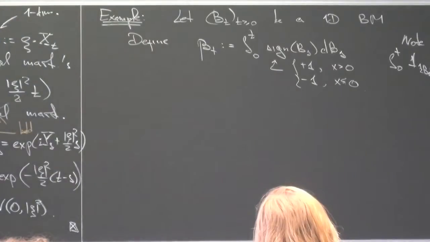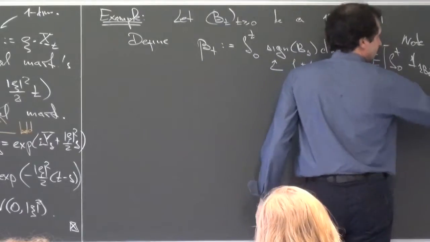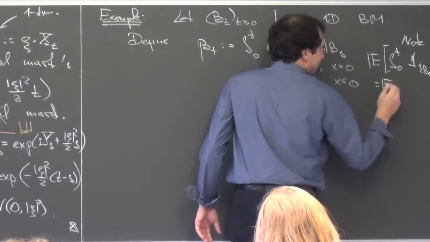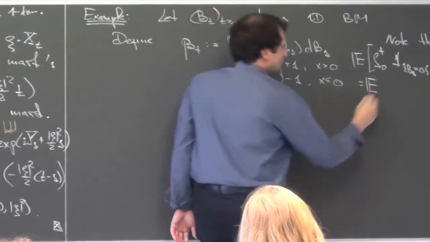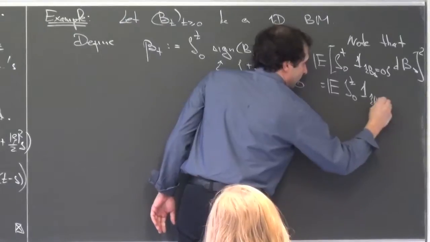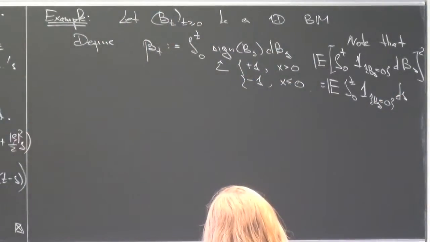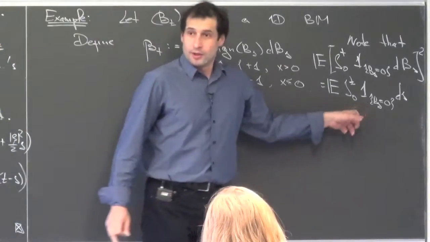This vanishes. Why? Okay, we know that the expectation of this squared is the expectation of the integral of the indicator squared ds, which is 0, because the zero set of the Brownian motion is of Lebesgue measure 0.